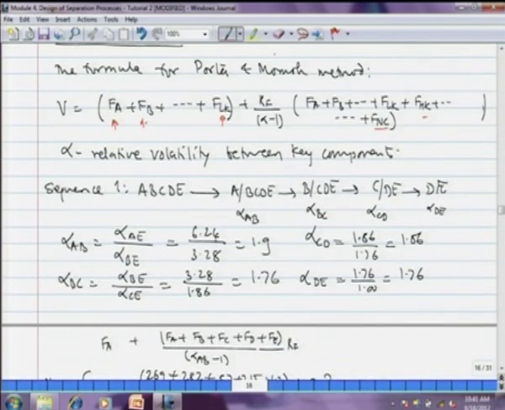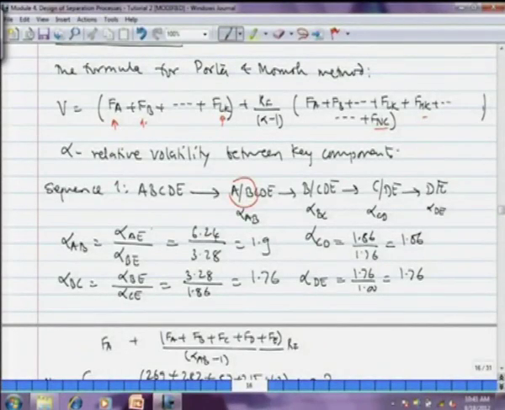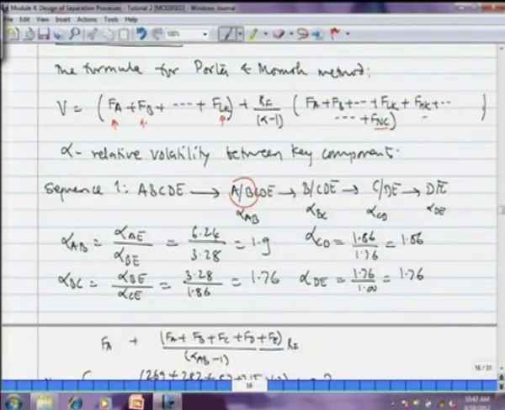We have been given relative volatilities with respect to E, the heaviest component, but when we are splitting between the different components, like we are splitting here between A and B, so we have to calculate alpha AB, the relative volatility between adjacent components. That we can do by taking ratio of relative volatility of adjacent components with respect to E. So, alpha AB is calculated as alpha AE divided by alpha BE.